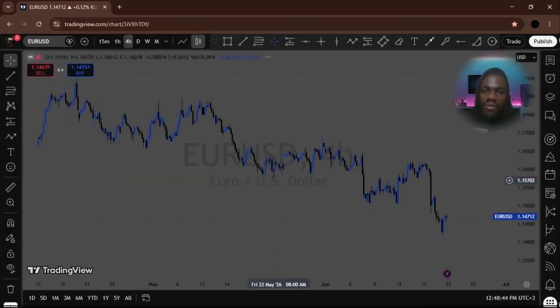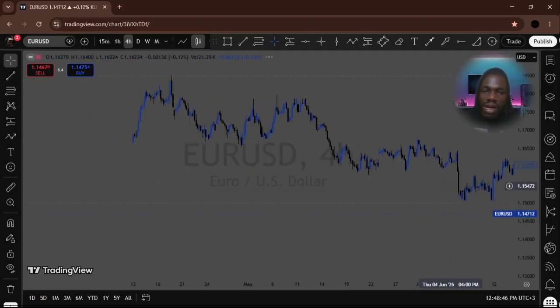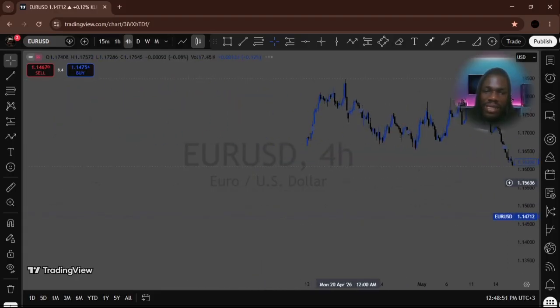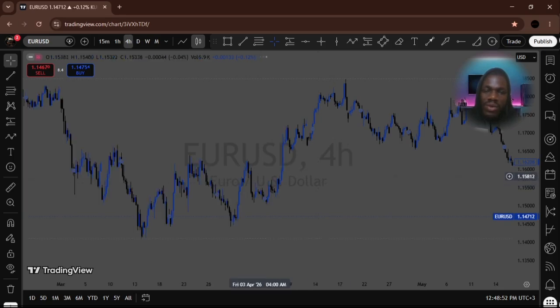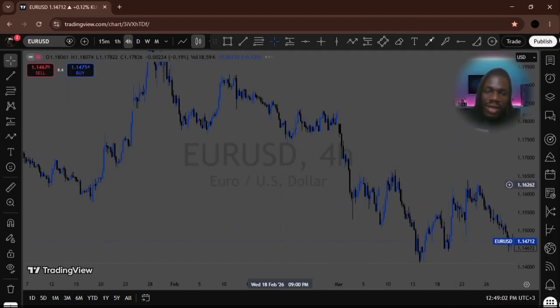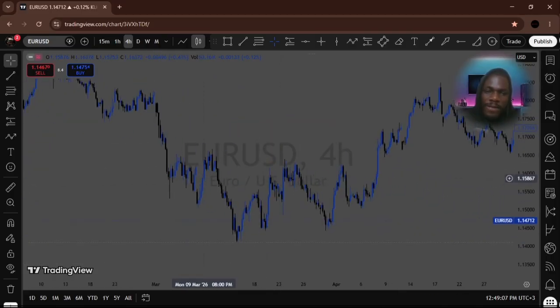If we try to extrapolate this, we are seeing where it occurred. Let's check the month. In most cases it occurs when the month is either about to end or about to open. Let's begin with March, let's begin with April.